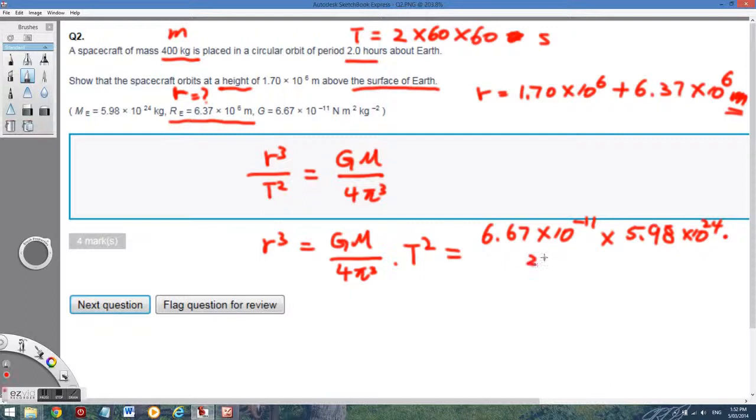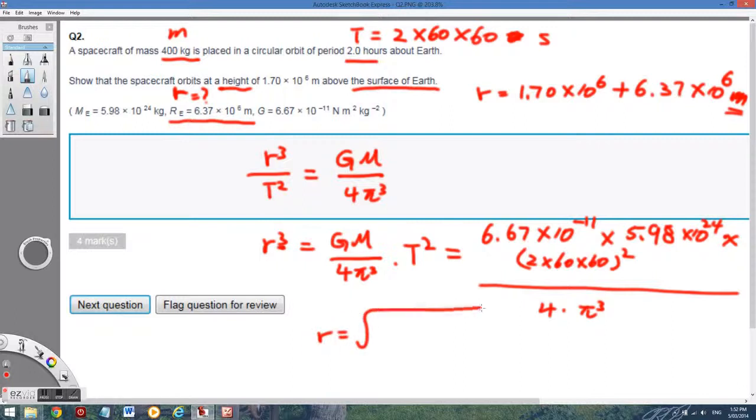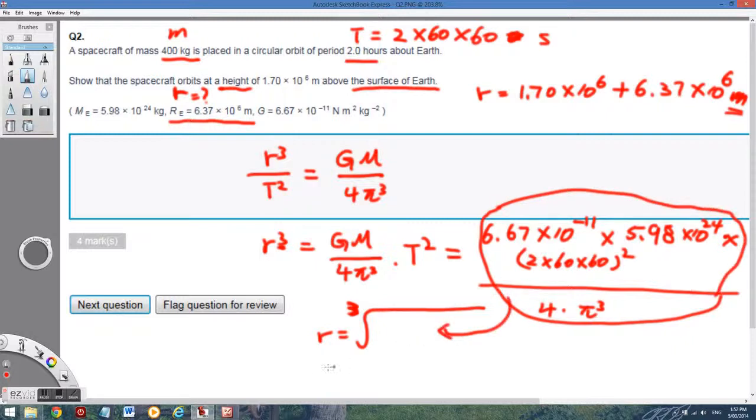There's not enough space. The whole thing divided by 4 pi squared. Remember that's a cubic root, so you need to find the cubic root of this value. Type it in your calculator, put the value here, and you should have the answer.